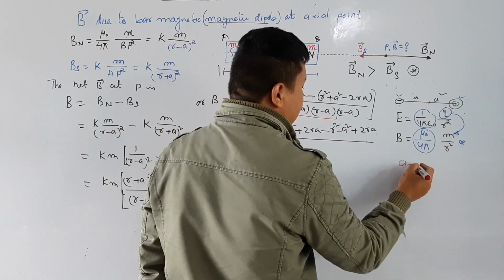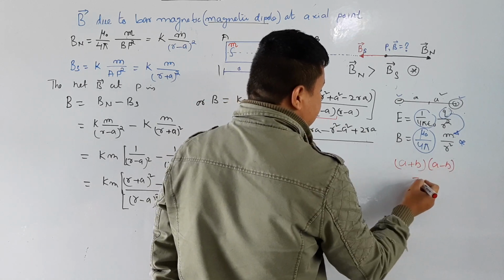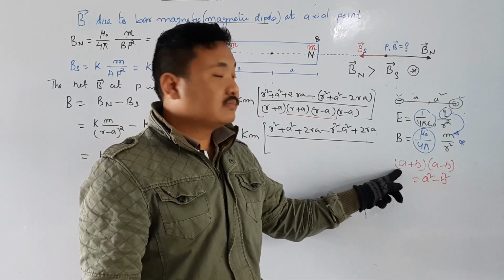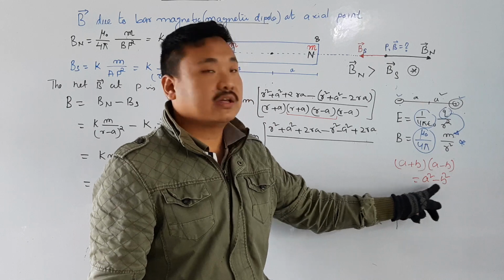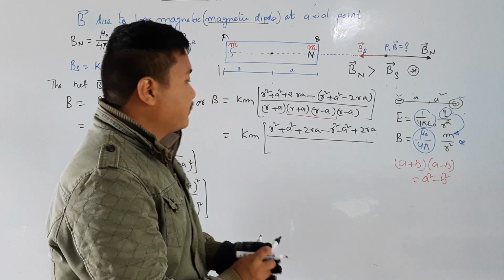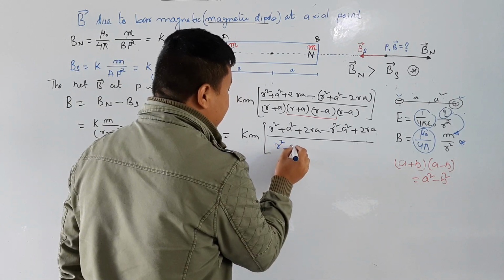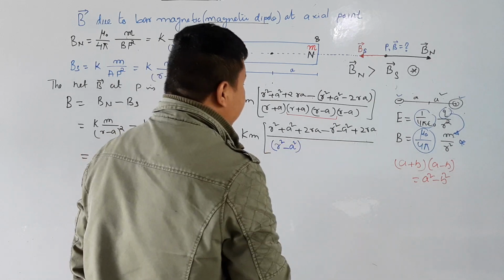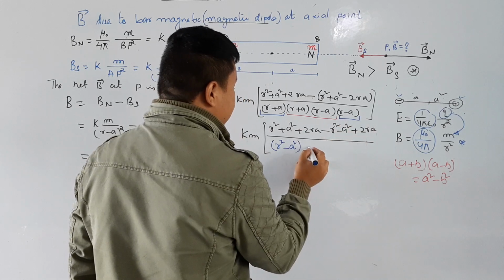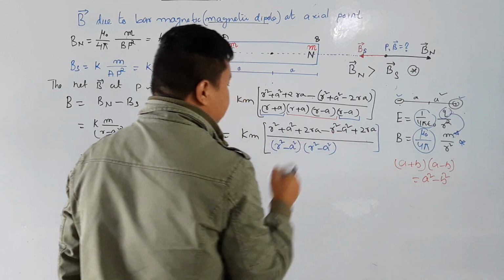You know this: a plus b, a minus b is equal to a square minus b square. Similarly, r plus a, r minus a will be r square minus a square. Again, if you see here, this r plus a, r minus a will also give me r square minus a square, bracket close.